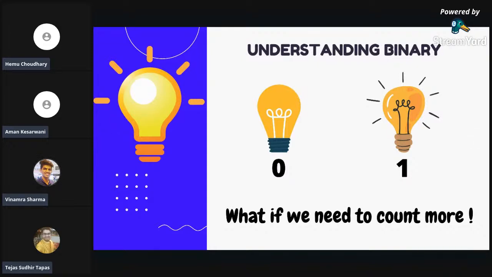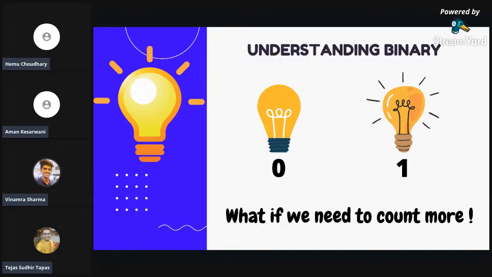Now as we have discussed before, we got why binary is introduced or why binary is really there. So we understood binary: when the power is on or when the action is true, it is 1. When the action is false or the power is off, it is 0. Right?